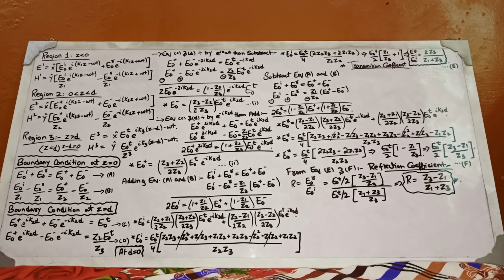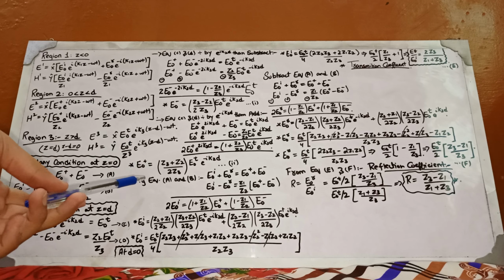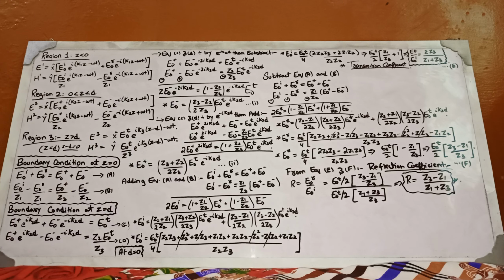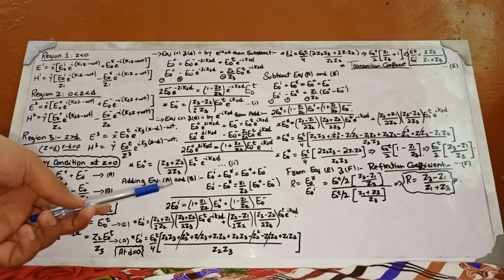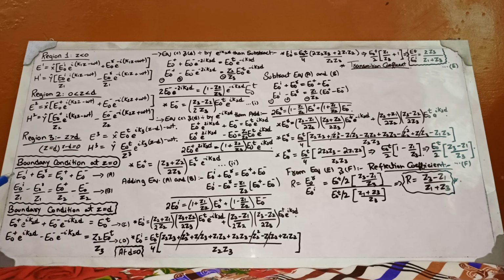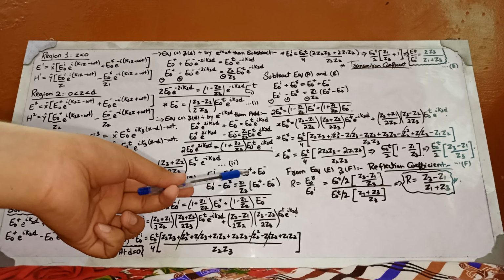So our next work is to add equation a and b. This is your equation a and this is your equation b. Now you have to add. You can see E naught I plus E naught r equals E naught plus plus E naught minus.